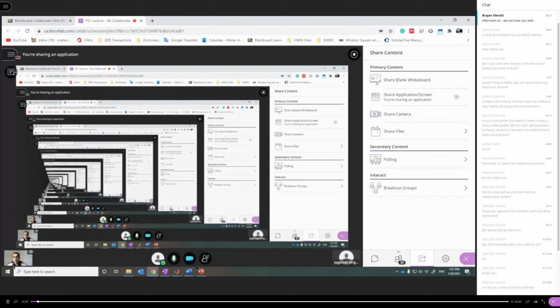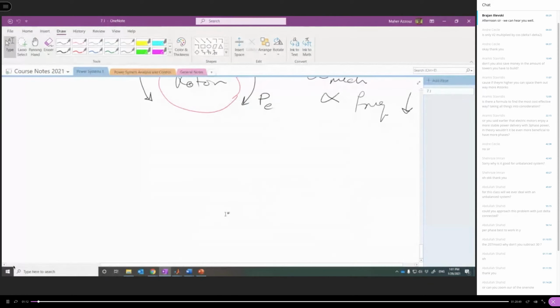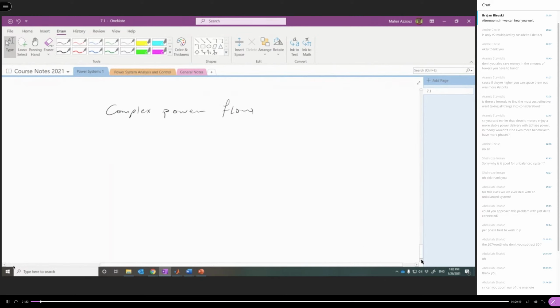Let me remind you quickly about what we discussed in the previous lecture: complex power flow, and the factors that affect the power flow from one bus or location to another location through a single transmission line.